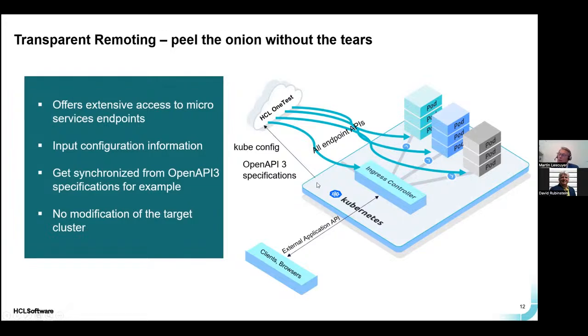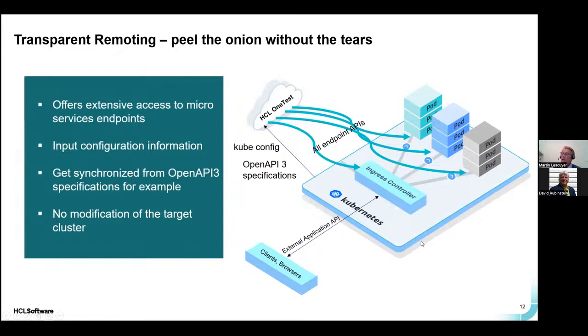Simply by providing a very simple configuration file, we are not modifying anything inside the cluster. There is nothing that needs to be modified, but simply by providing information about the cluster, OneTest API can get connected to any of these internal things.